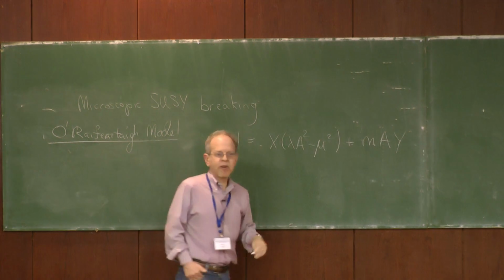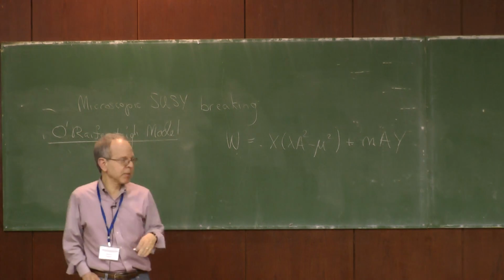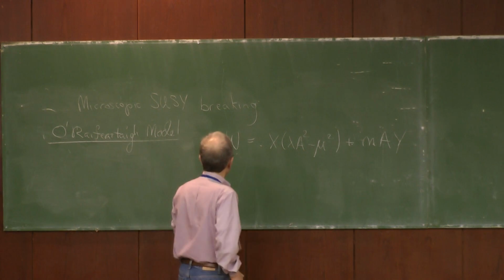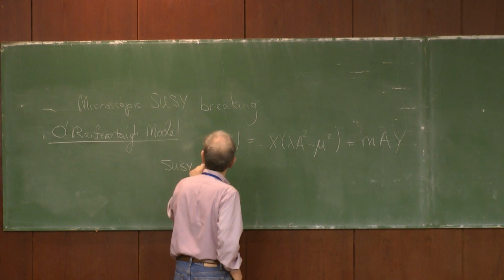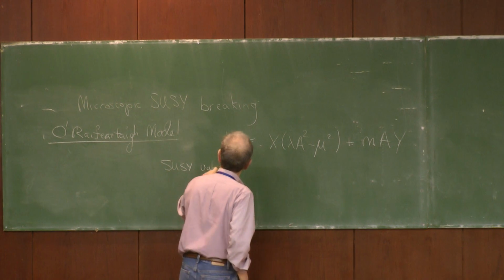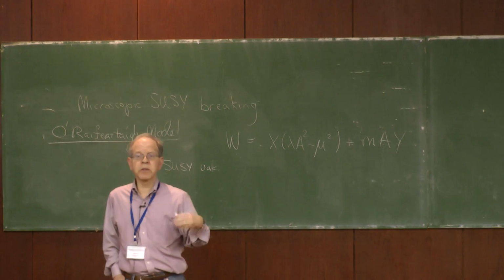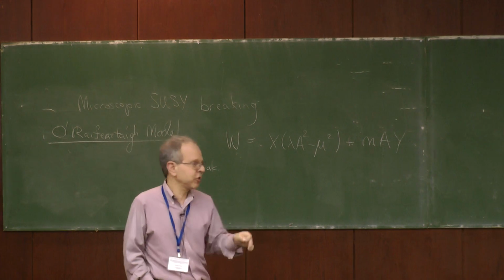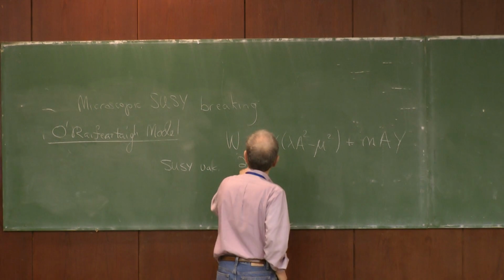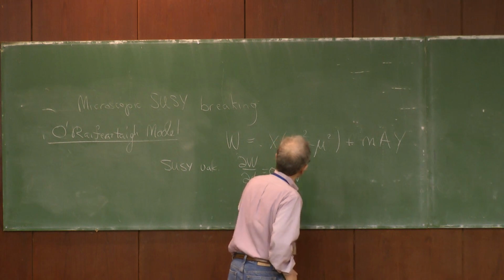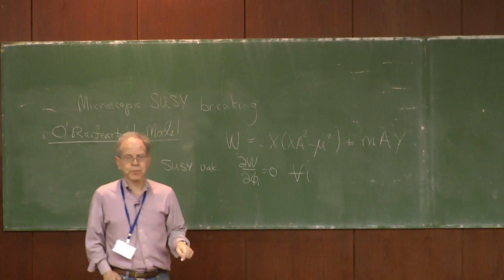Let me first show you that this model spontaneously breaks supersymmetry. The condition for a supersymmetric vacuum was that these auxiliary fields F vanish, or that the energy vanish. So this is the statement that dW/d phi_i should equal 0 for all the fields in the theory.